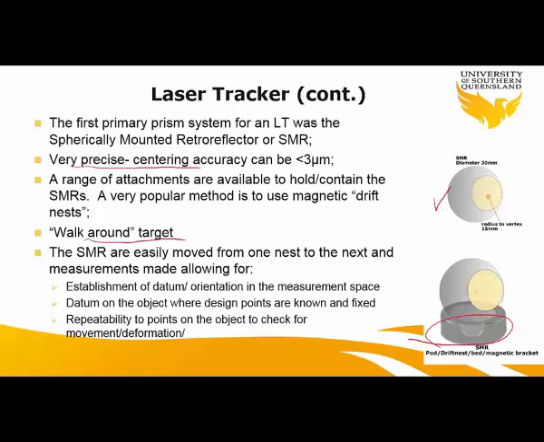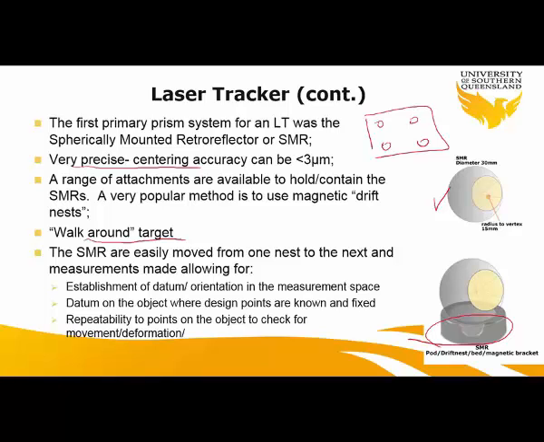They also use that if they want to monitor an object over time. They usually put these magnetic brackets in different parts of the object, and they stay there forever. So every time they put the SMR on these points, and then they can measure it.